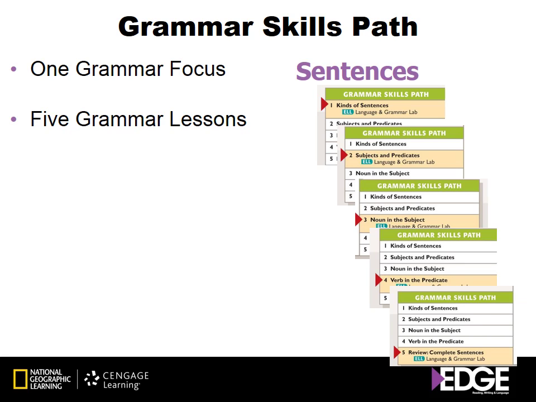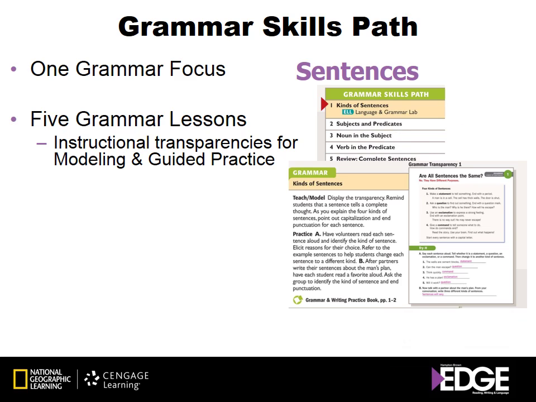As you move through the selections, you'll see the grammar skills path at the bottom of the Teacher's Edition page. The red arrow indicates which step you are on. Right next to the grammar skills path, you will see a facsimile of the grammar transparency with the answers that is used for that lesson.